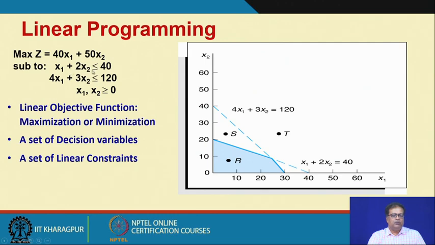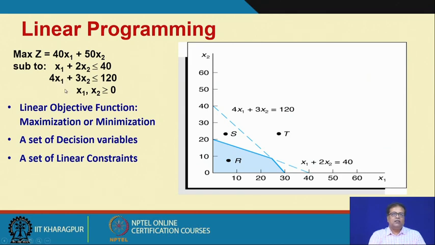Now, if I put 0, 0, it is satisfied. That means the origin is included, that means all the portions below this line within the x1 and x2 axes are covered by this constraint.